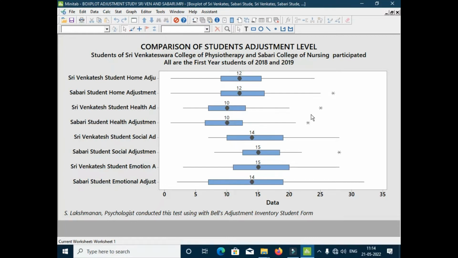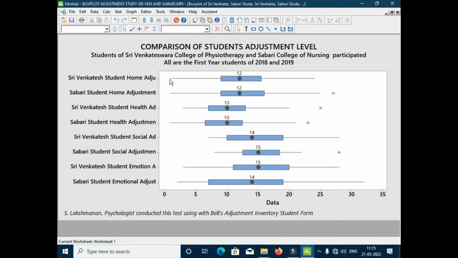You see the home adjustment in the 2 colleges, Venkateswara College and Sabari College. In home adjustment, 12 is the median. In the third quartile, it is more or less the same. Compared with Sabari College, this one is low, but more or less the same.